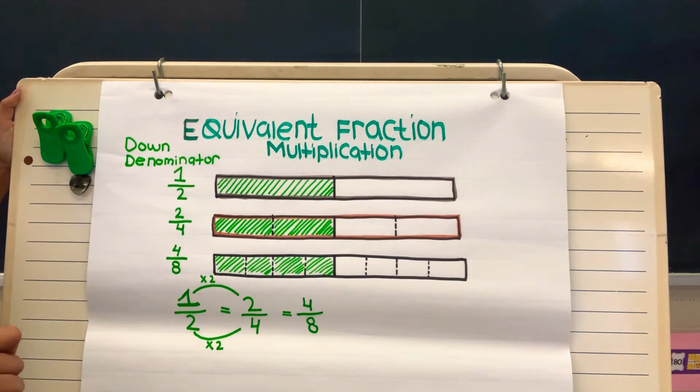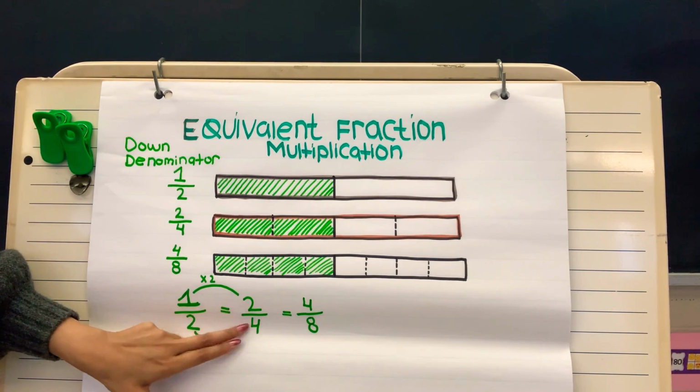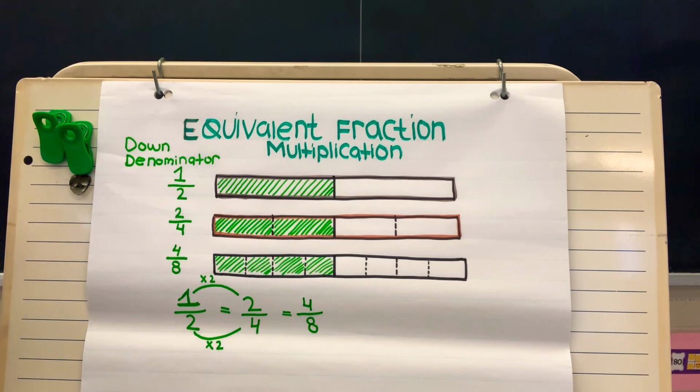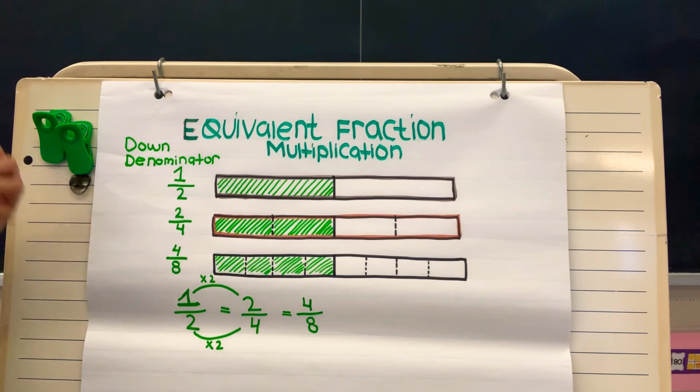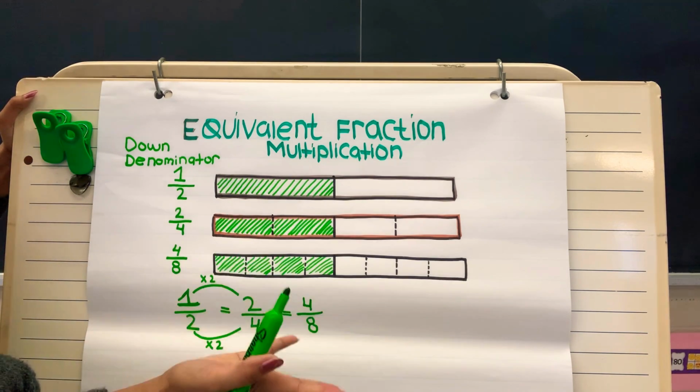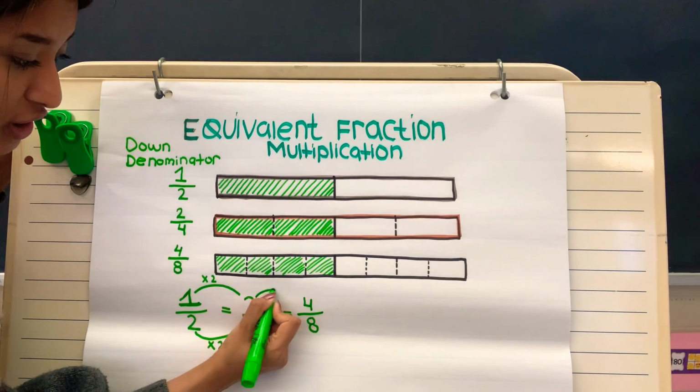But I'm going to ask myself, how did I get 4 and 8? Which number did I use to multiply my 2 and my 4 with? So I'm going to say my 2 times table. 2 times 1 gives me 2. 2 times 2 gives me 4.